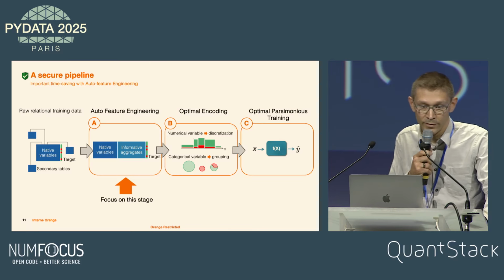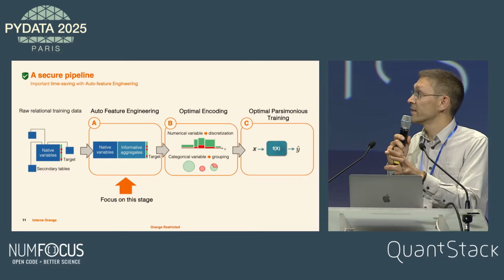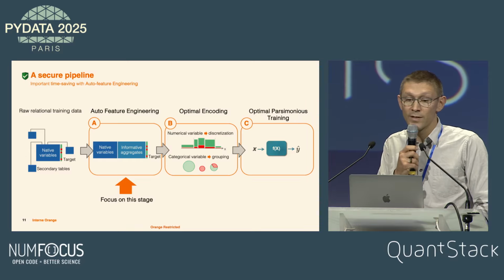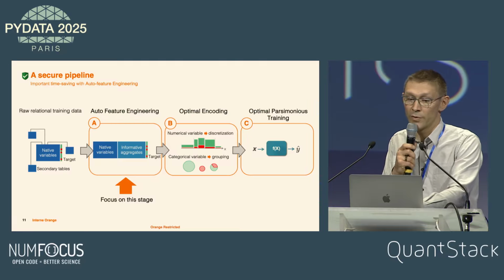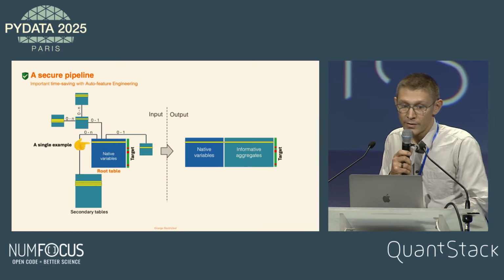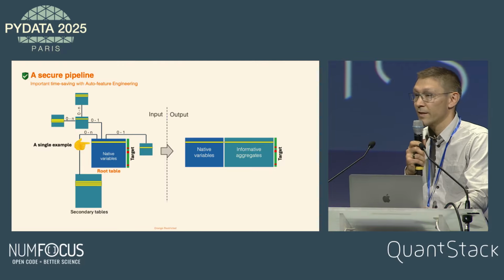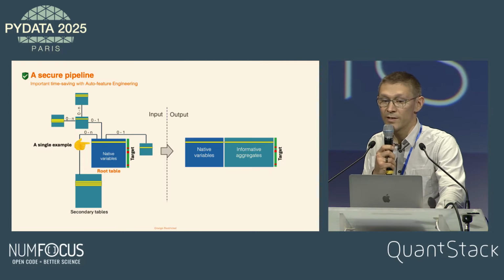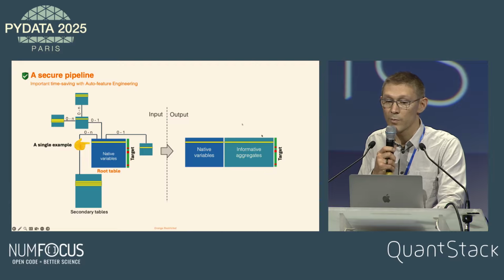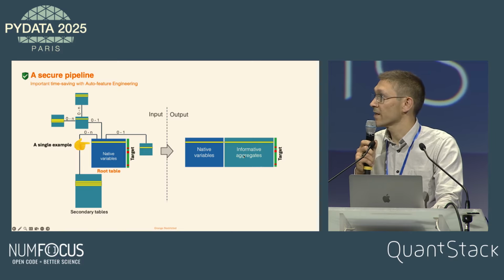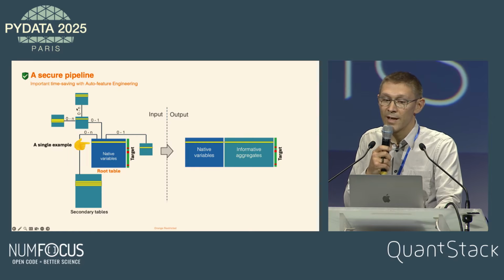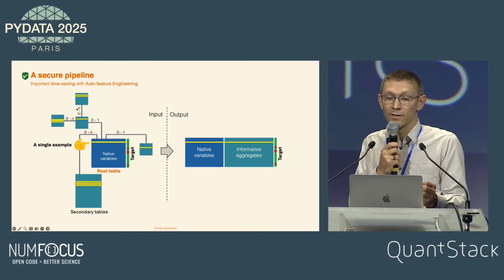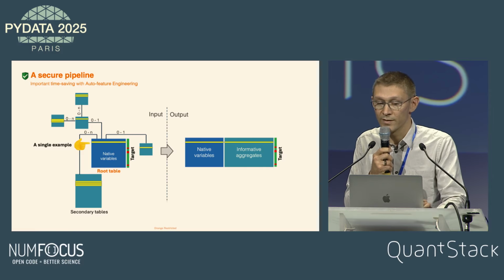So this is an automated pipeline, and the most important time saving is auto-feature engineering. So feature engineering consists in flattening data, and the objective is to find the most informative aggregates as possible, which are computed from other tables. And this is done according to the target to be predicted.